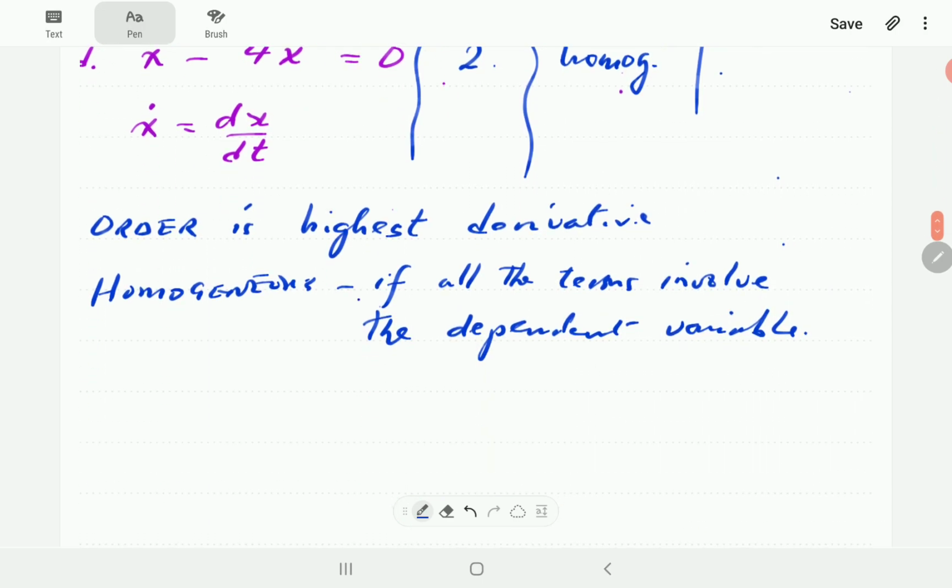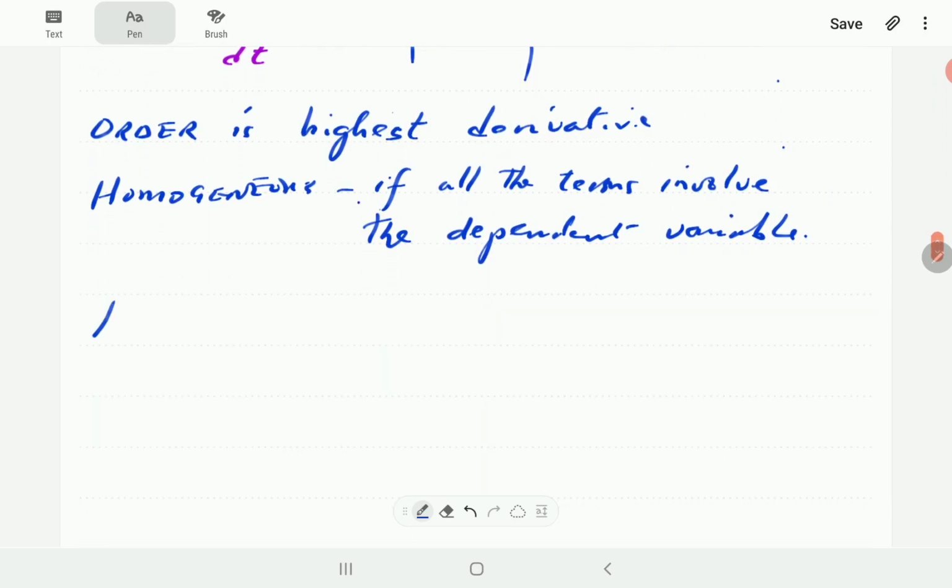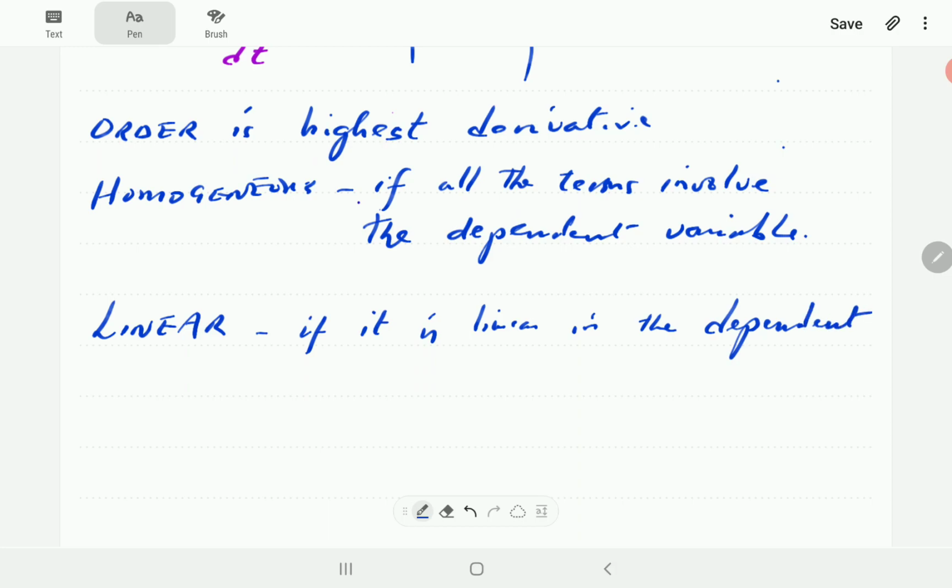Okay, then the next property is linearity. An ODE is called linear if it is linear in the dependent variable and its derivatives.